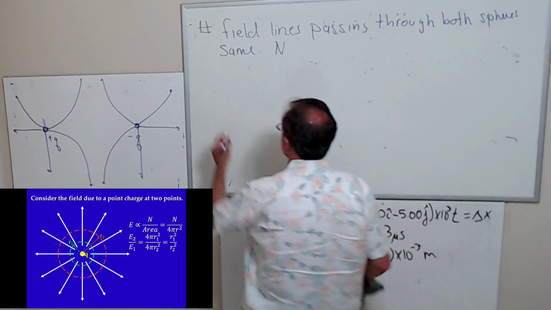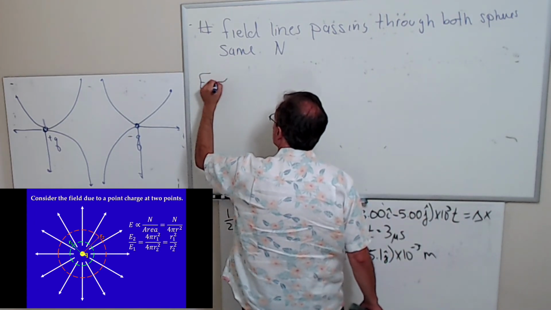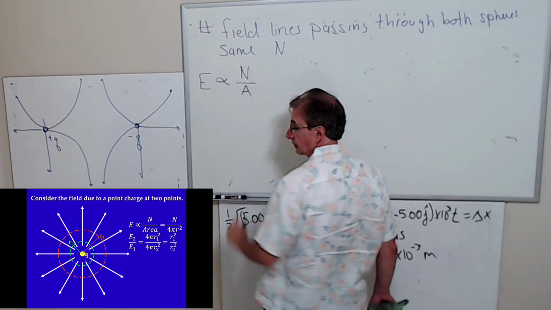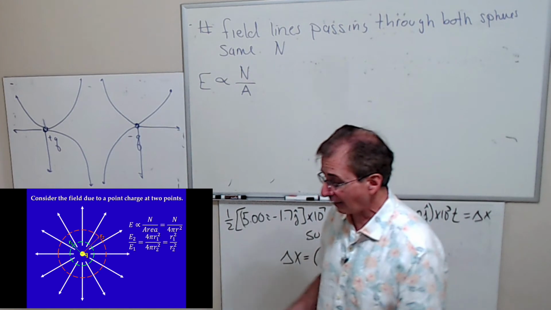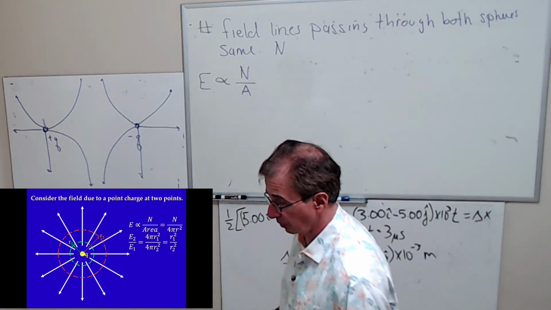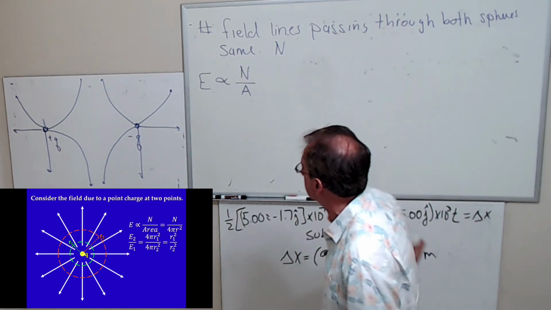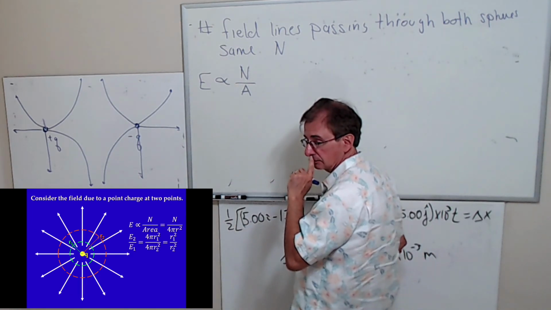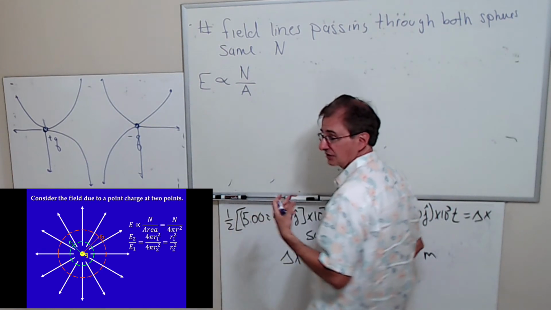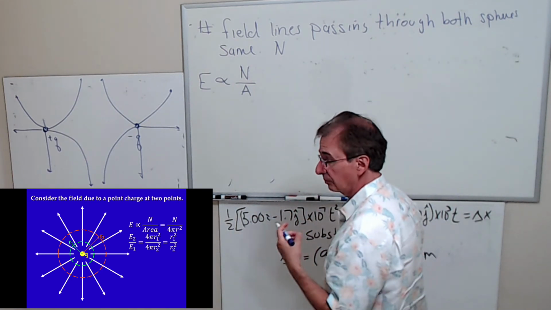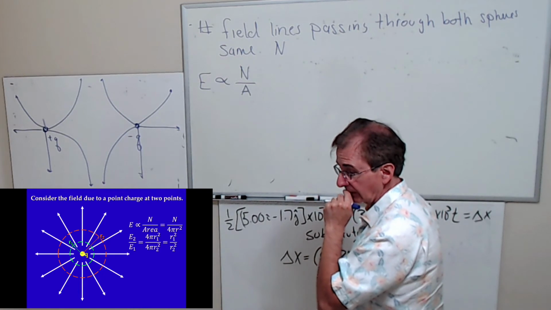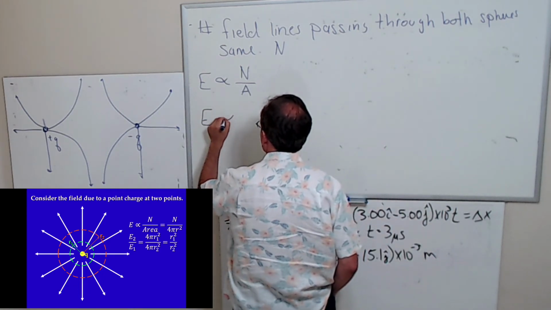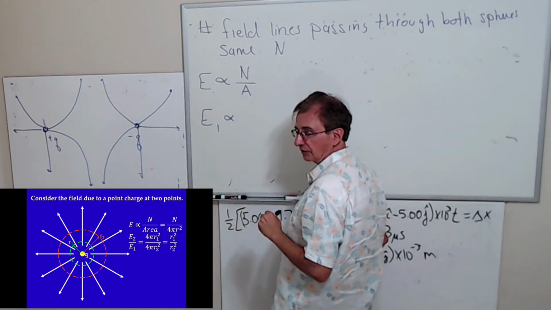We know that E is proportional to the number of lines per area. So I'm sorry, I want to say something not about the number of lines per unit area, but about the electric field on the surface of R1.